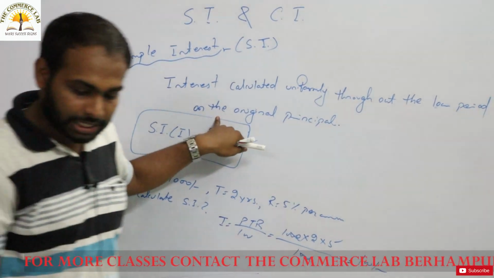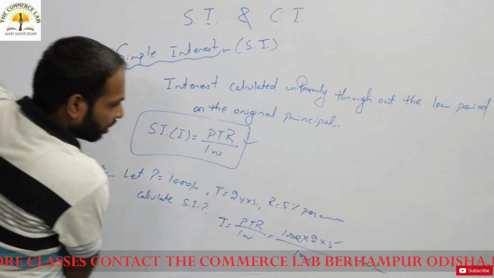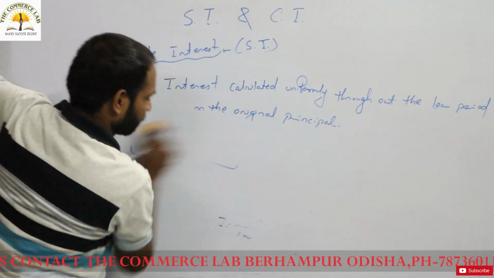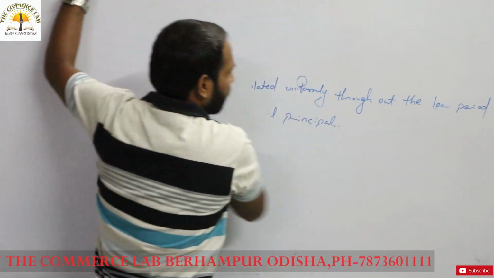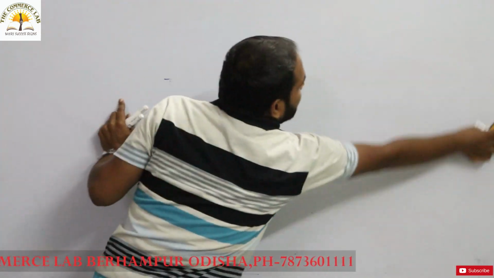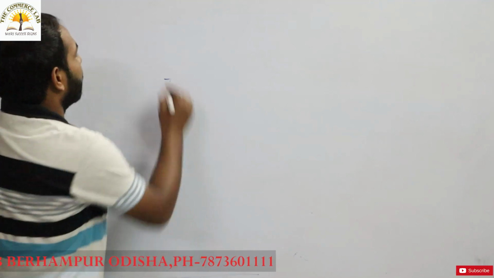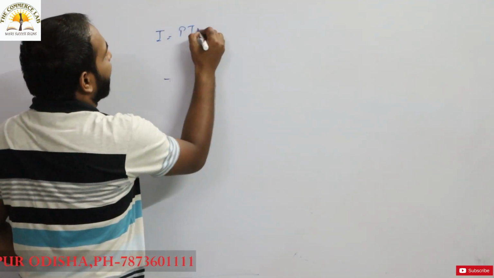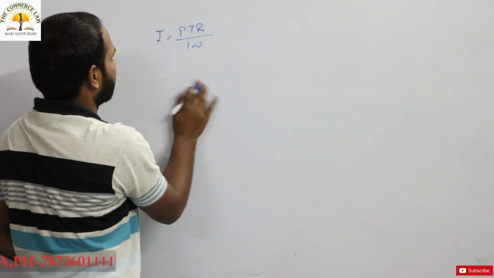So let's go for some examples. But before going to examples, we found that I equal to PTR by 100.